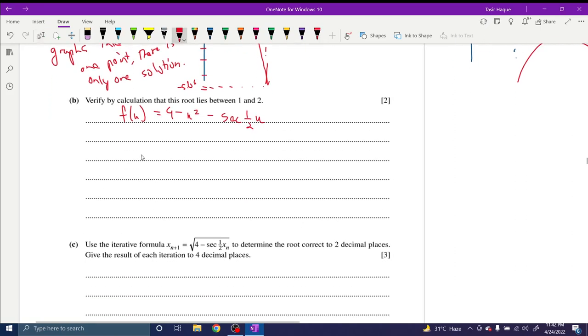So we're going to use f(1) first. What is this? Make sure to switch your calculator to radians or else you're not going to get a correct answer. We're getting plus 1.15. What about f(2)?